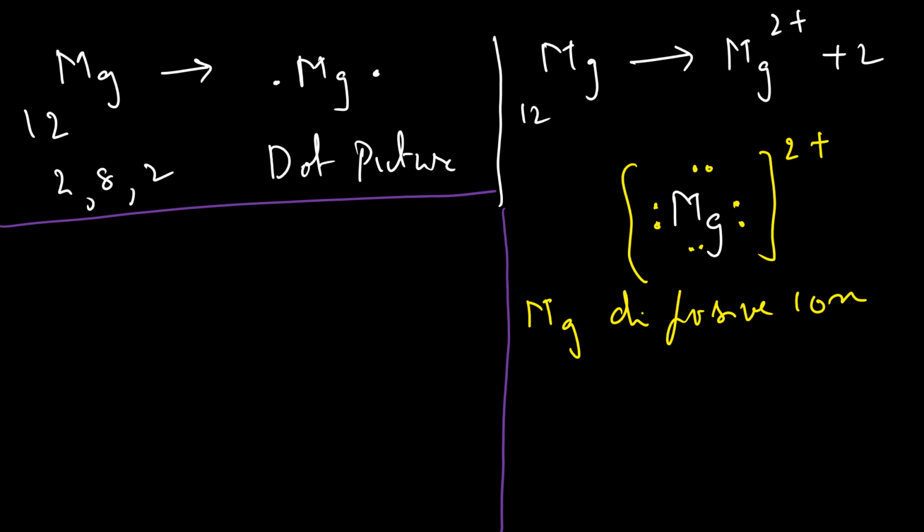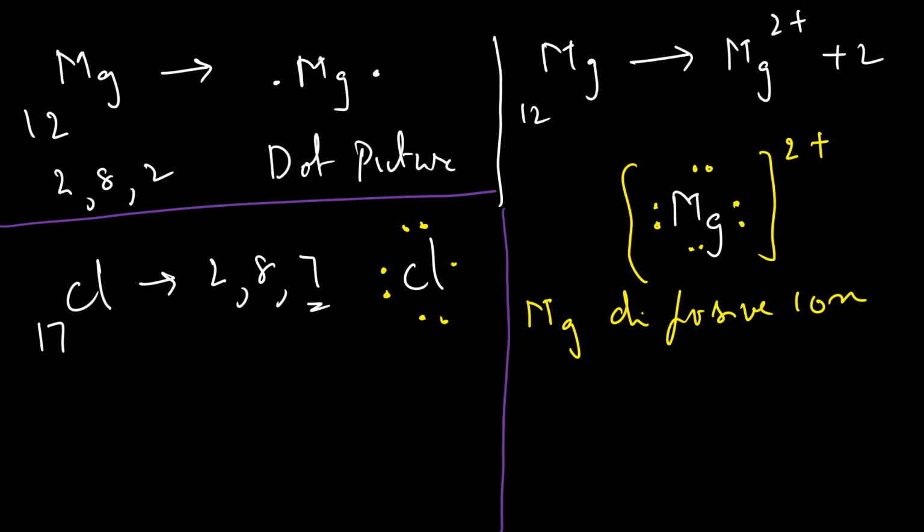Now let us take chlorine, 17, configuration 2 8 7. It has 7 electrons in the outermost shell, so the electron picture for chlorine shows 7 electrons. If chlorine takes 1 electron from outside, the outermost shell has 8 electrons.